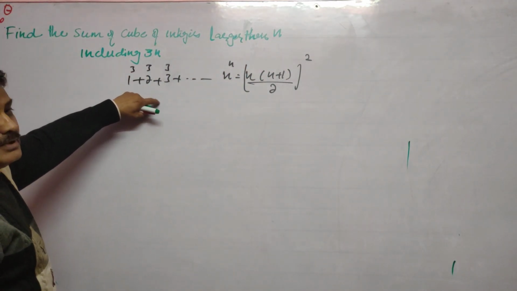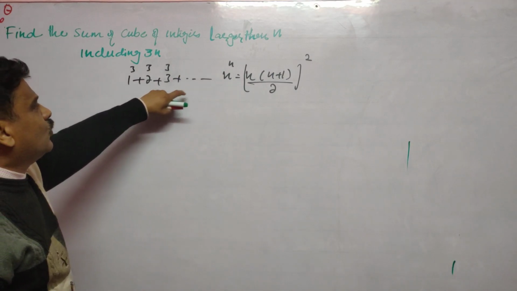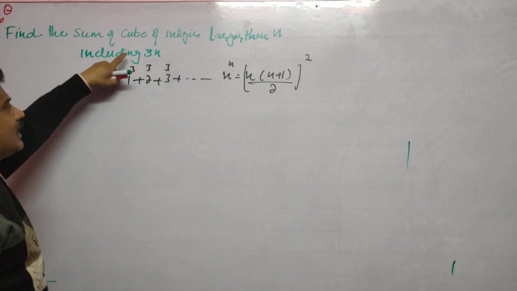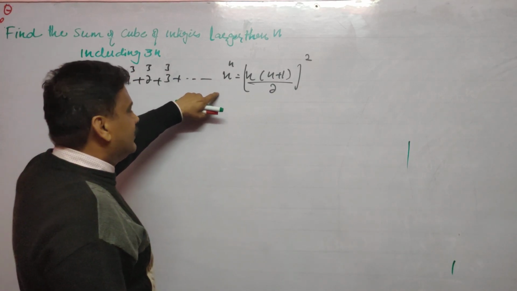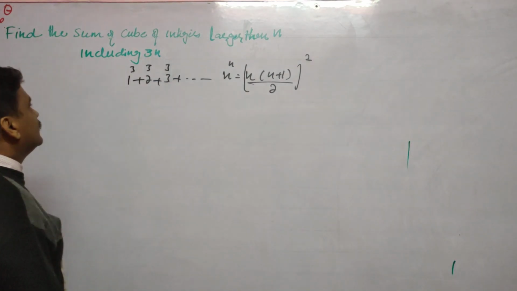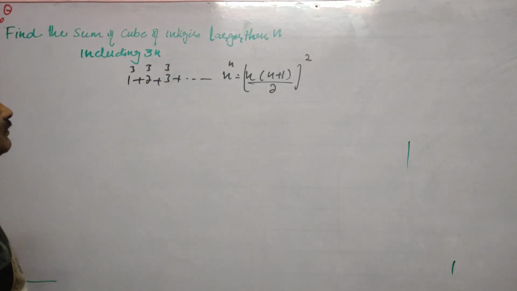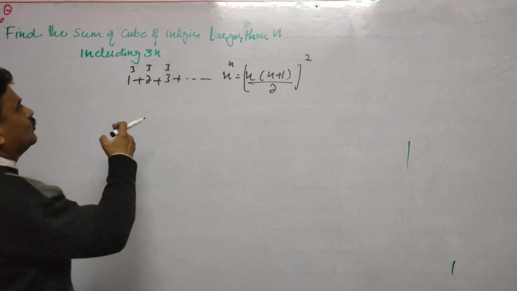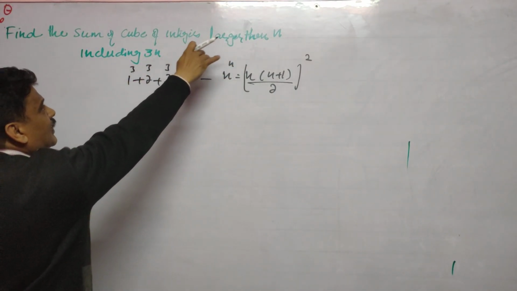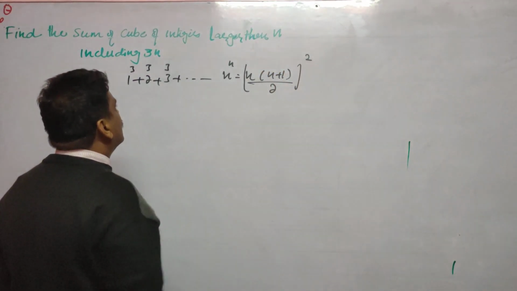This sum is just up to n. These all terms go up to n. But in the given statement we have to find the sum of integers up to 3n terms, which is larger than n.